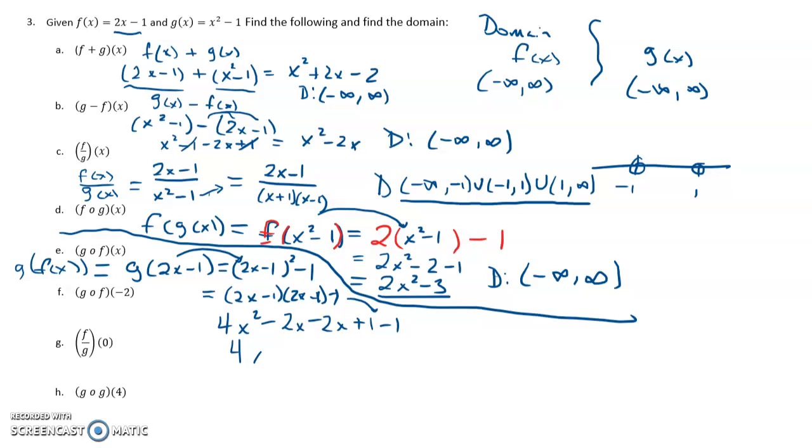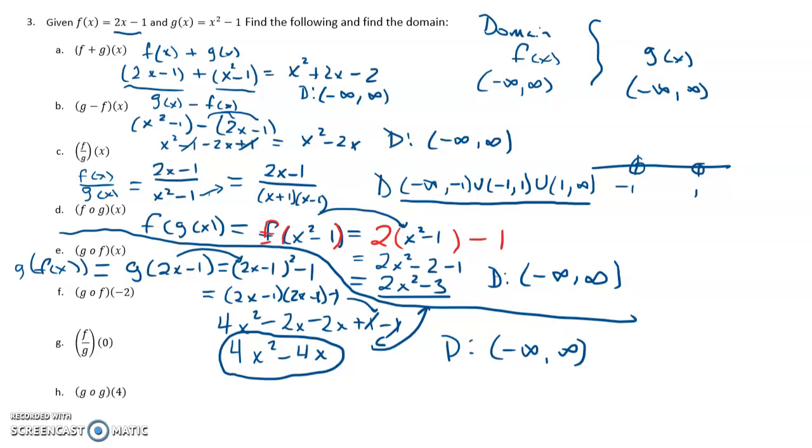When we combine our like terms, we get 4x squared minus 4x, and then our 1's cancel out. So this is our g of f of x. Notice that's not the same thing that I got when I did the f of g of x. Now the domain of this one is also negative infinity to infinity.